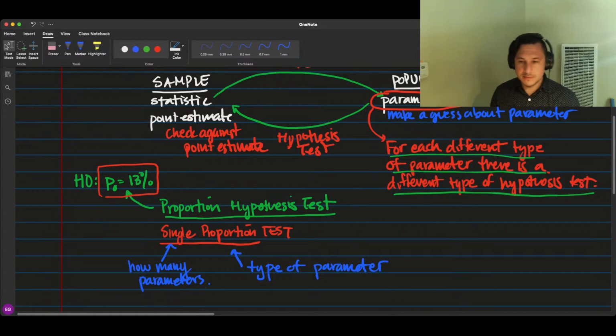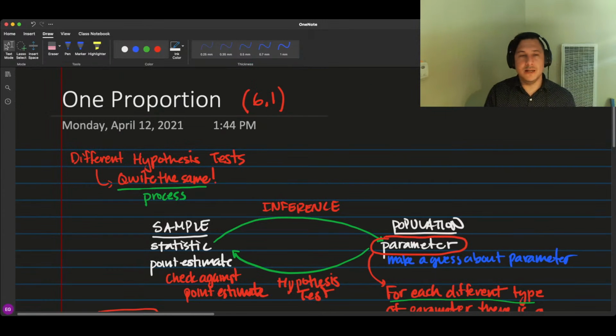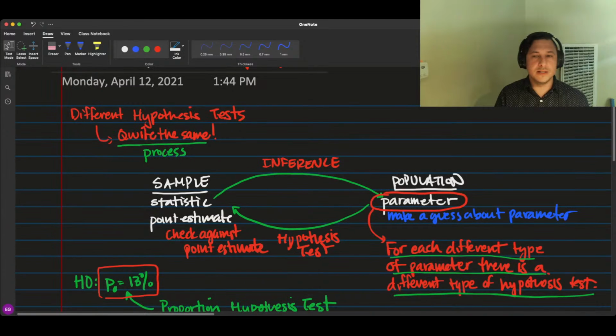Two proportion test. Eventually we'll even talk about more than two, like how would you do it if you want to do 4, or 5 different proportions. They're all going to be slightly different from each other in the way you execute, but it's still the same whole idea overall. Okay, so we are going to go more in depth about the one proportion or single proportion test.